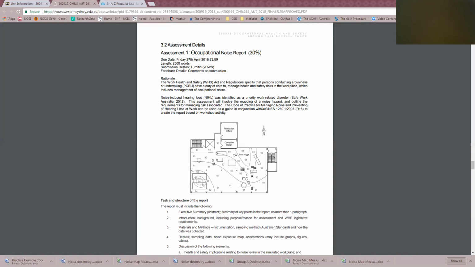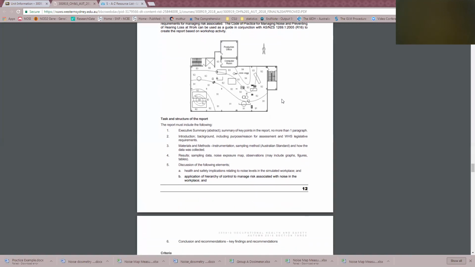And remember that Australian standards can be called up into law, and this is one of them. It's called up in the Work Health and Safety Regulation, and it specifies that when you're assessing exposure to noise, it must be conducted in accordance with this standard.